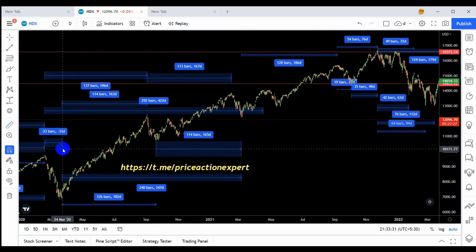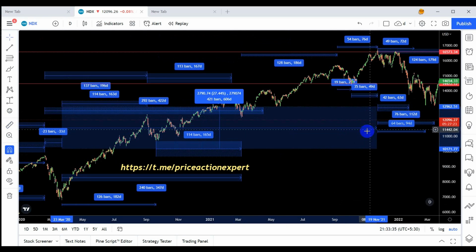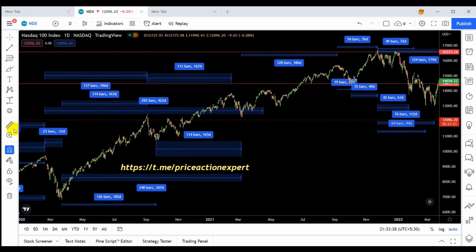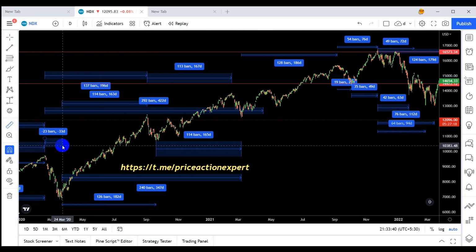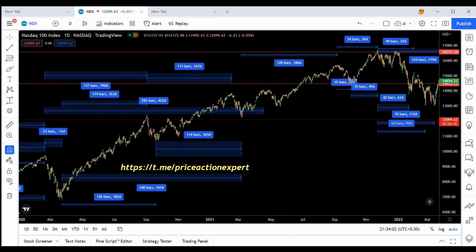And let's take this low and connect this high. Yes, you see that's 609. 610 is a Fibonacci number, and look at the bars here, 422. That's how it vibrates.